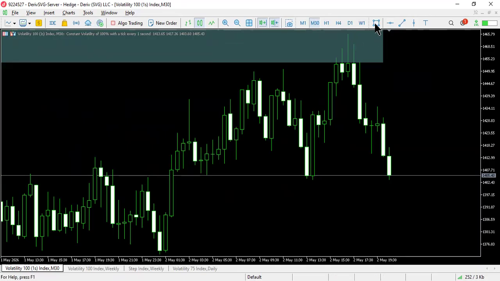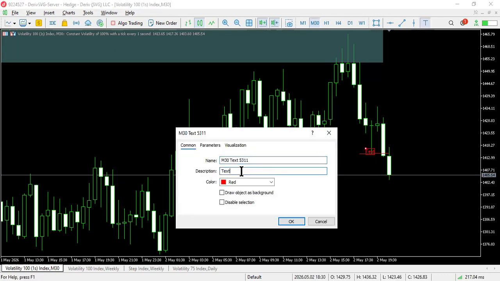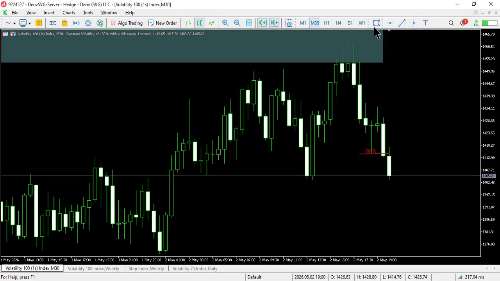Now we can see a break of structure here. And then the order block, which caused that break of structure.